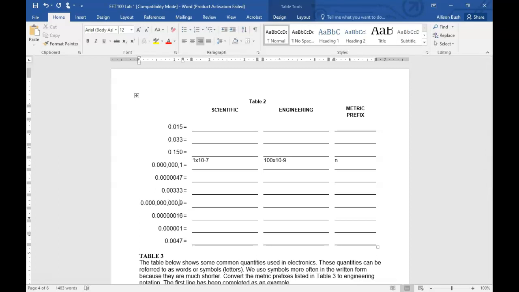Commas make work a lot easier. So what is my scientific notation for this one? 9 times 10 to the negative what? 9 times 10 to the negative 10.